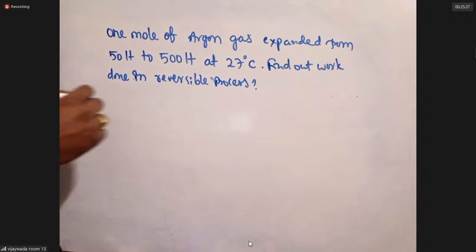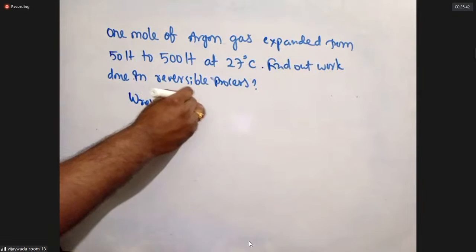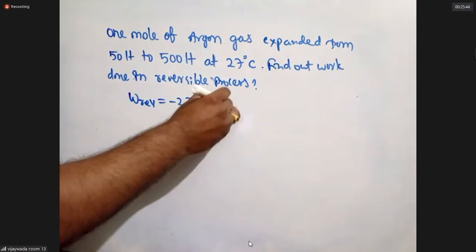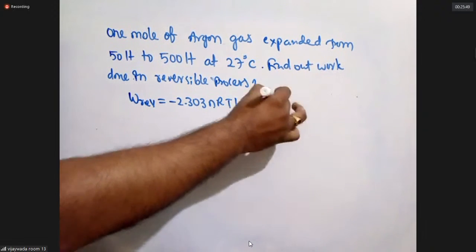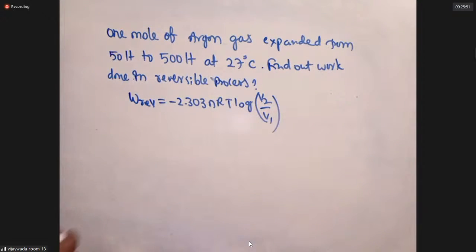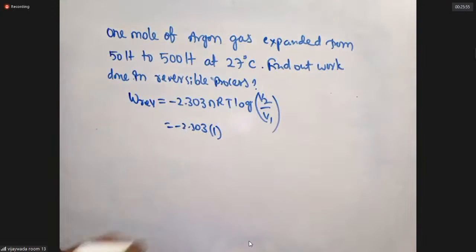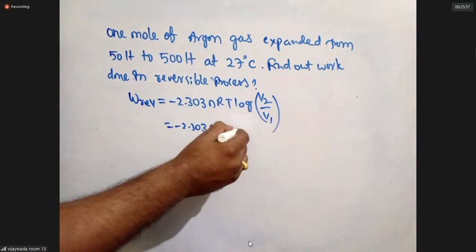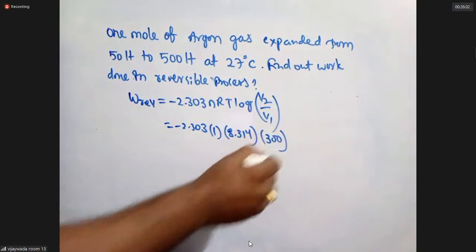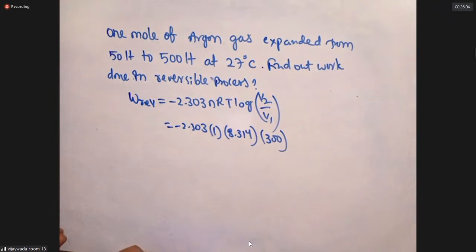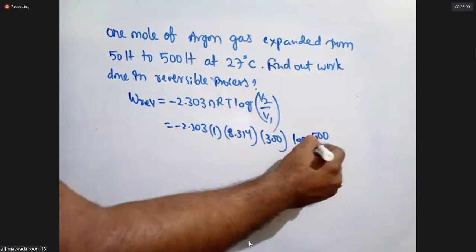Right, students, same formula. Work done in a reversible process is minus 2.303 nRT log V2 by V1. Minus 2.303, n value 1, R value 8.314, temperature is 300 Kelvin, and log 500 by 50.